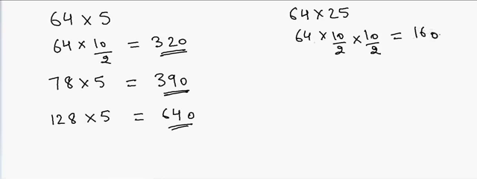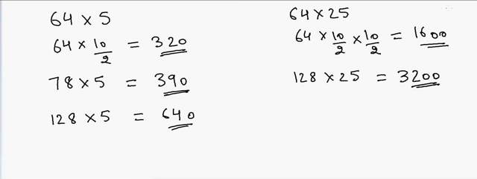The answer is 1600. Again, if I have 128 and want to multiply by 25, in that case it will be equal to half of 128 is 64, and half of 64 is 32, so it's 3200.